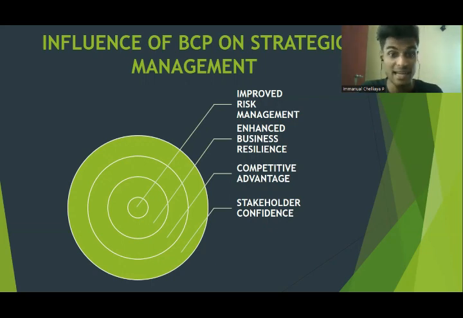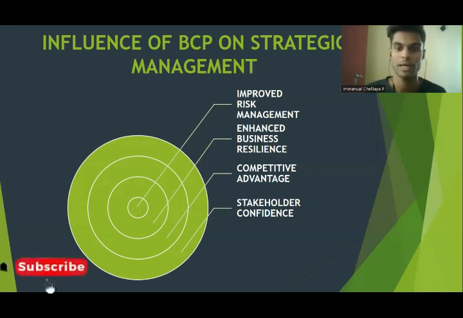So next is enhanced business resilience. Basically, resilience is how adaptable a company can be with BCP, the ability to adapt and recover quickly from any kind of disruptions. So BCP helps in that way. When a company is able to adapt, they have continuity in their operations, so they don't lag behind where they were.